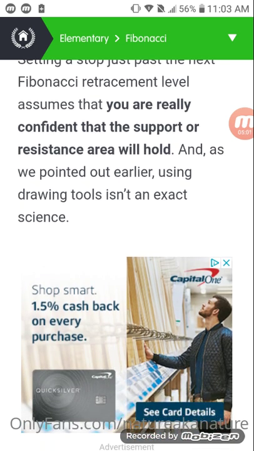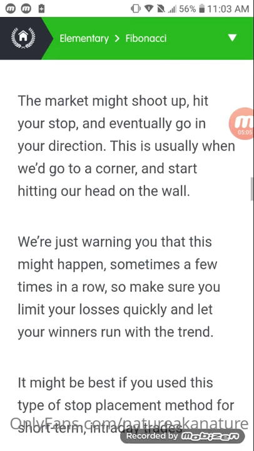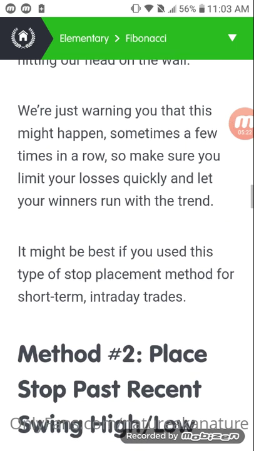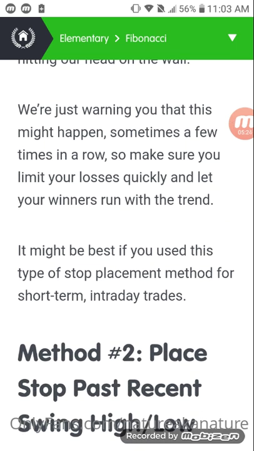As we pointed out earlier, using these tools isn't exactly science. The market might shoot up and hit your stop, eventually going in your direction after going in the opposite direction. This is usually when we go to our corner and start hitting our heads on a wall. Don't do that. Just get back in the trade and make your money back. Do not get frustrated. 99% of trading is mental.